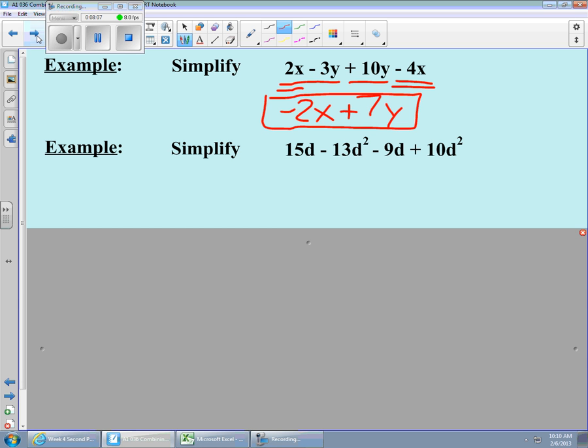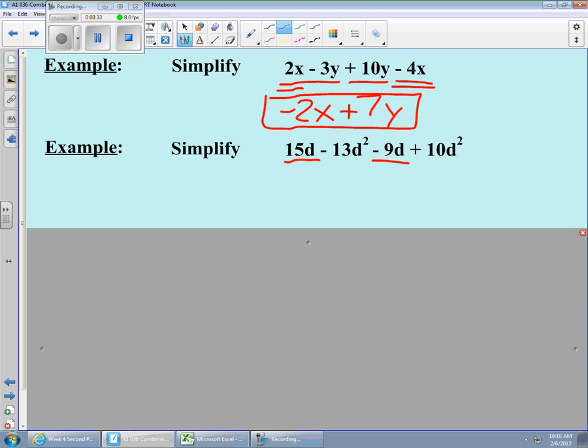When it comes down to addition and subtraction, it's got to be the same variable or the same group of variables that have the same exponents. So the rule here is that the only thing that you can add to d to the firsts is other d to the firsts. So those two guys would be considered like terms. We could put those together. And let's see, how many d to the first are there? 15 of them, negative 9 of them.